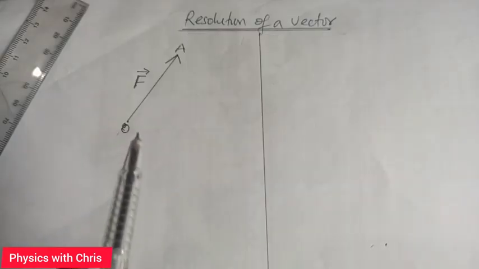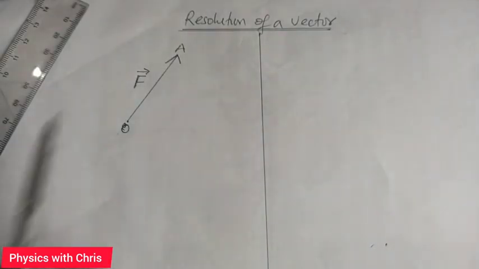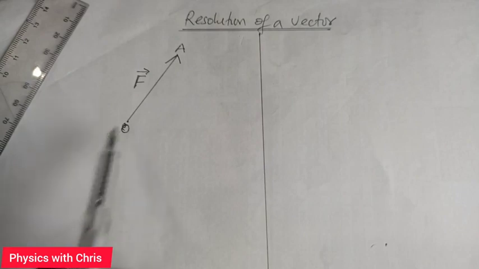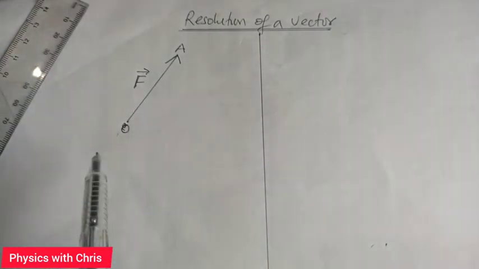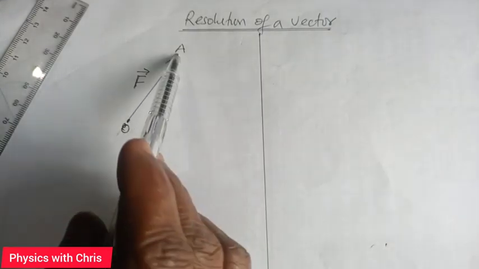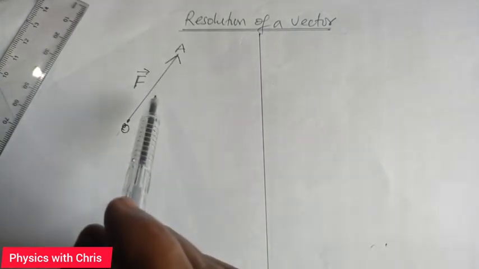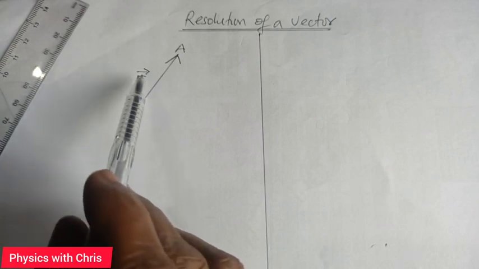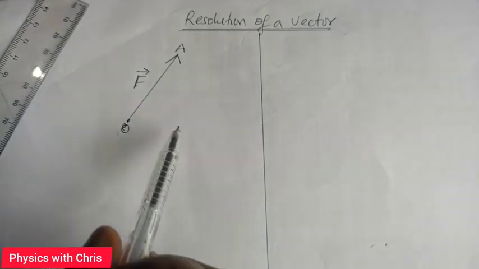Now, given this vector F acting along this line OA, let's say from point O, that is the tail of the vector, and then the tip of the vector, which is point A. This F is a symbol for the vector, representing the vector both in magnitude and direction.